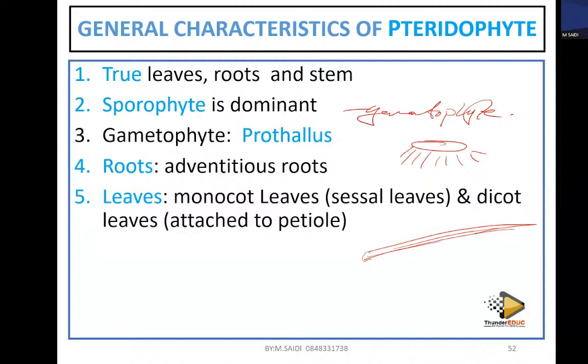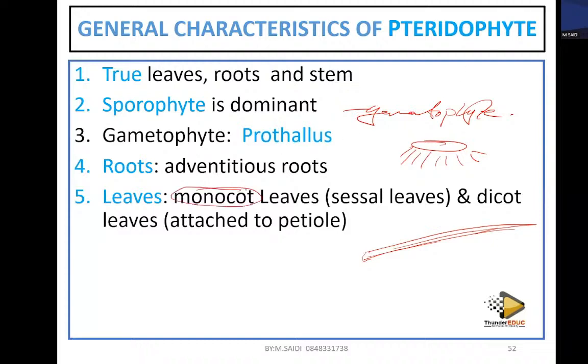And dicot leaves are attached to petioles. So if these leaves are monocots, they are sessile, and if they're dicots, they are attached to the petiole. What are monocots?